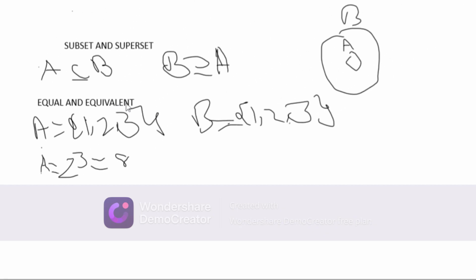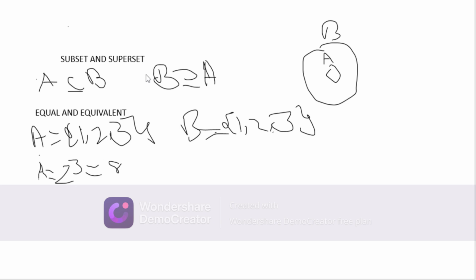We say the number of subsets of A is equal to 2 power what? We count 1, 2, 3. There are 3, so we say 2 power 3, and we know 2 power 3 is equal to 8. So the number of subsets of A is 8. So we say 2 power the number of elements. If the number of elements is 2, it's 2 power 2, which is equal to 4.